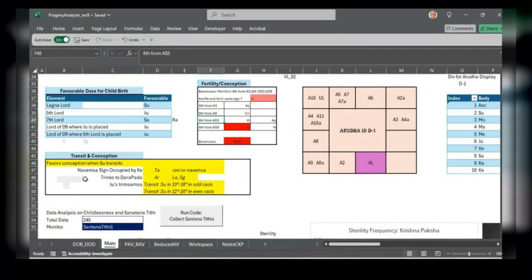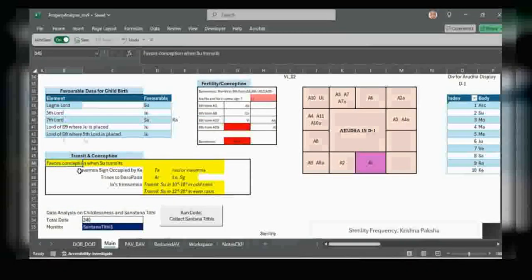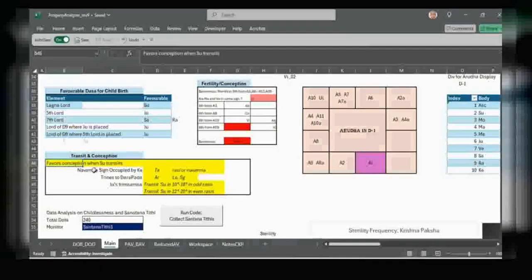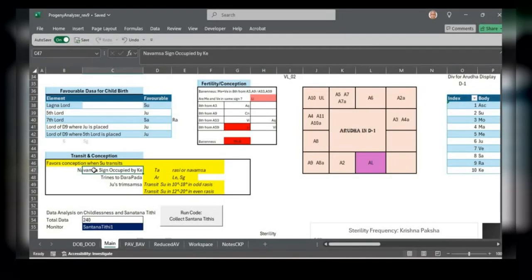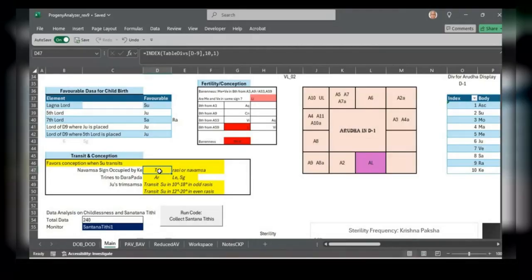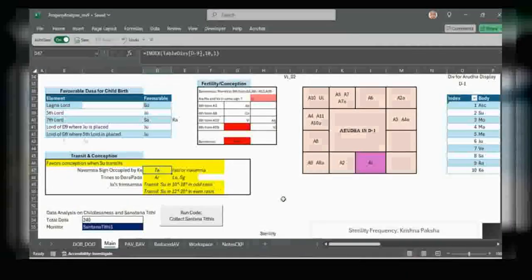For that, these times are favorable when Surya transits. Suppose you already know the year and all, and Surya transits the particular Navamsa sign occupied by Ketu. In this case, these are all computed, either in Rasi or Navamsa. This is a month very powerful for conception. So wherever Ketu is for the person, that is a very good sign.